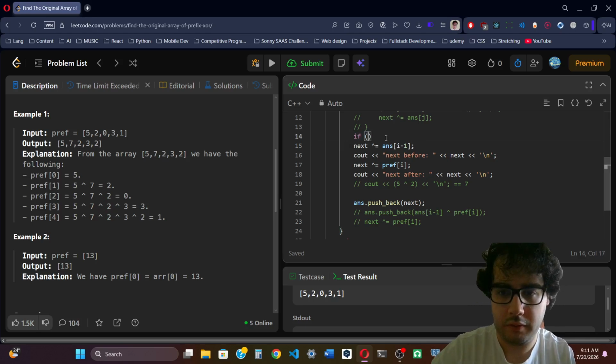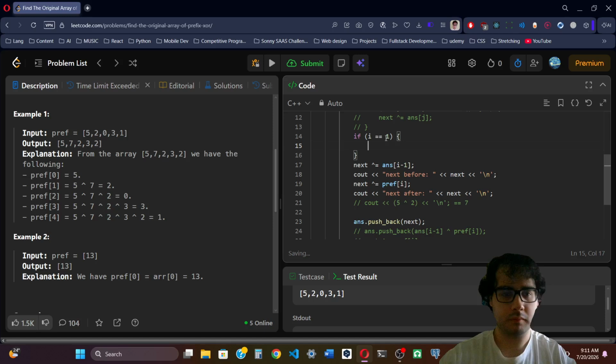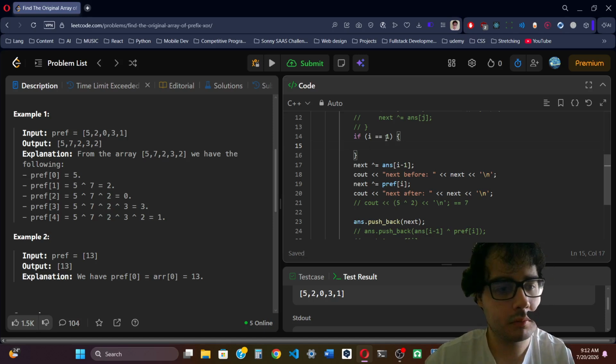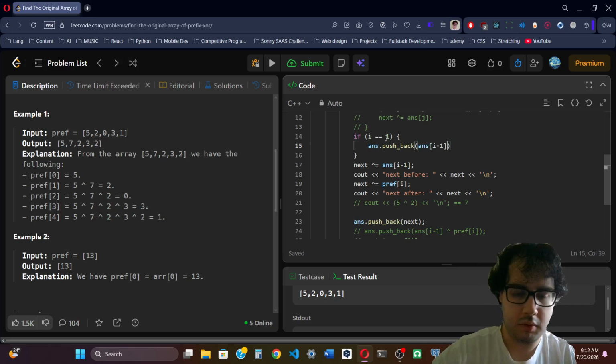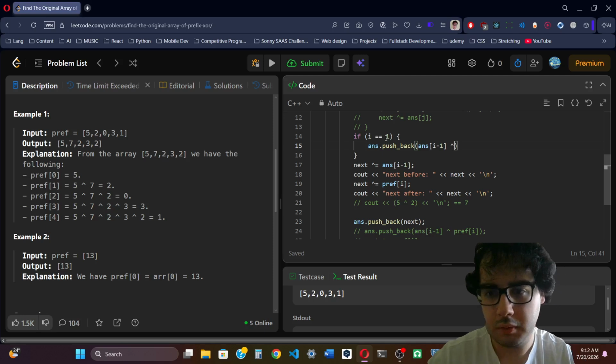I'm gonna say if I is equal to 1, I'm gonna say as to push back so I minus 1 XOR, provide or some.